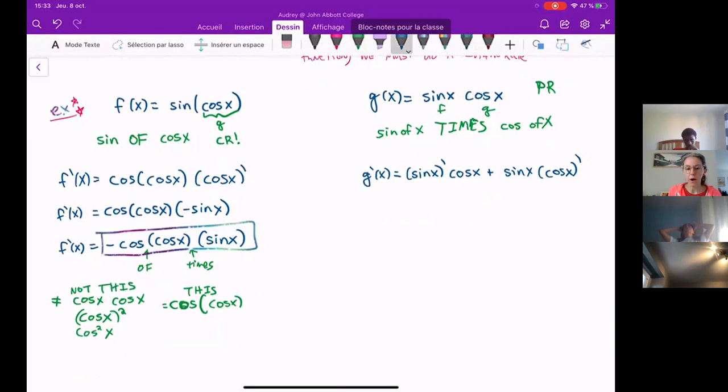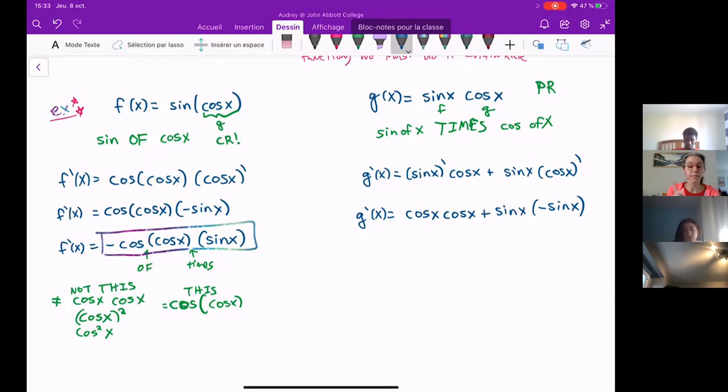Okay, so now I'm gonna be doing my product rule. So I'm just applying the derivatives that I told you guys. The derivative of sine x is cosine x, plus sine x, the derivative of cosine x is negative sine x. Why did I put a cosine at the beginning of f prime of x?